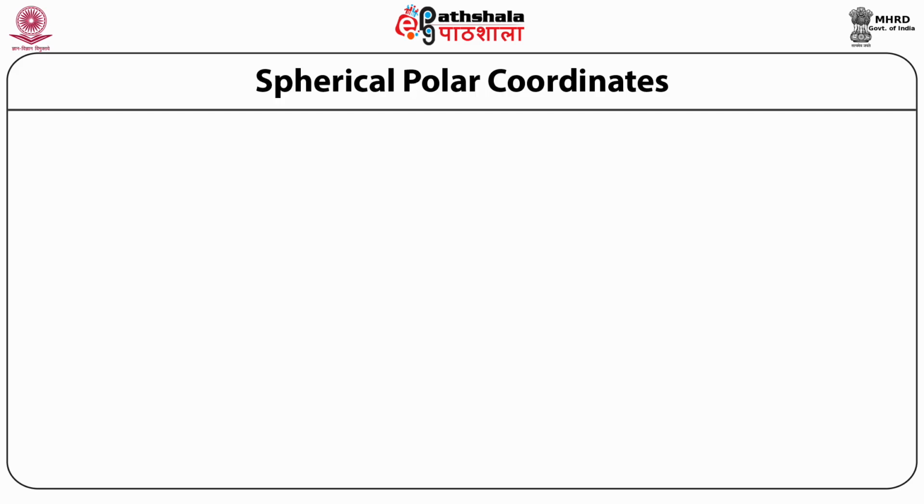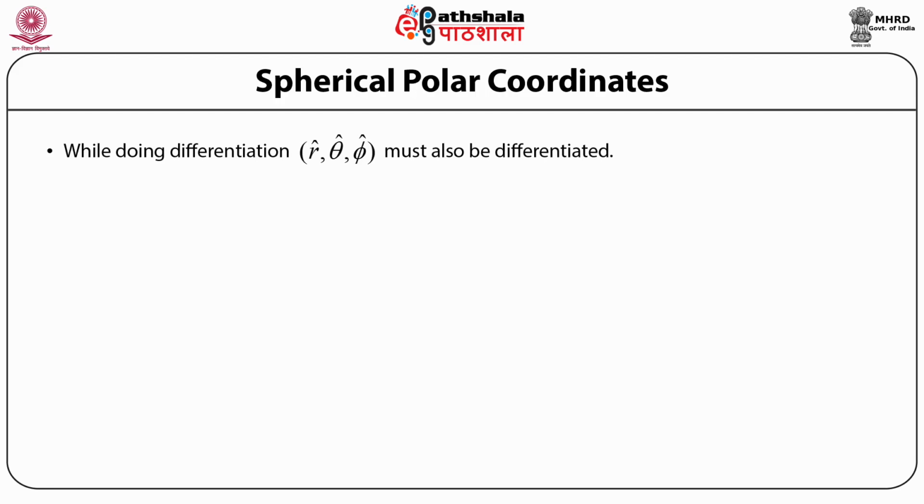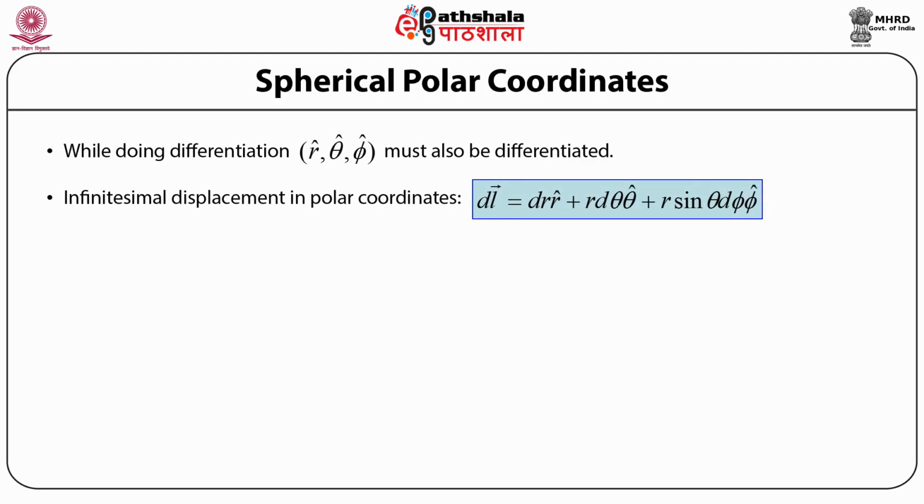Now, let us see that while doing the differentiation of these three unit vectors, that is unit vector r, unit vector theta and unit vector phi, we then get the infinitesimal displacement in the polar coordinates as dl vector is equal to dr times unit vector r plus r times d theta times unit vector theta plus r times sine of theta times d phi times unit vector phi.